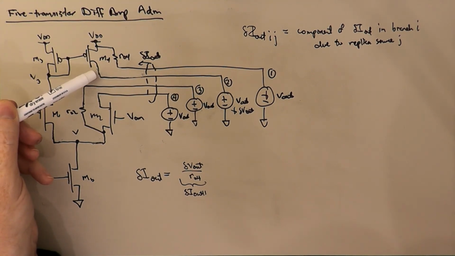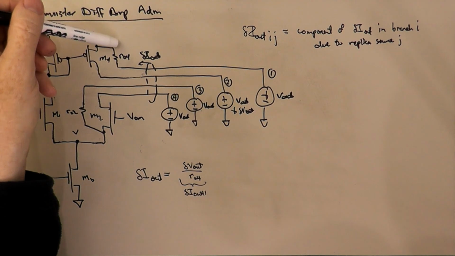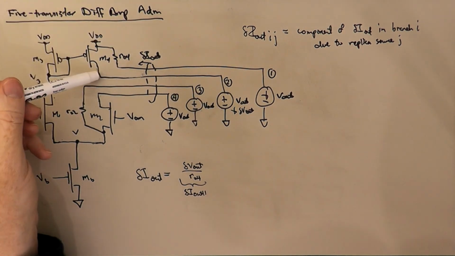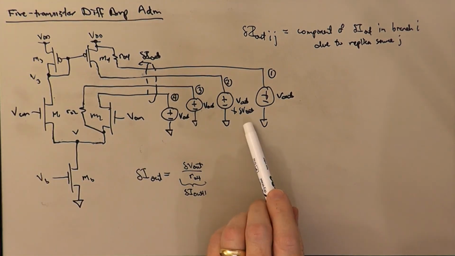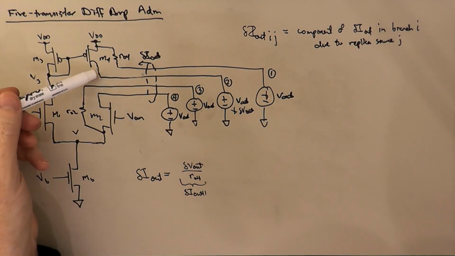In this case, this is an ideal saturated transistor because we've encapsulated the early effect in this early effect resistor here, RO4. So this is the drain of an ideal transistor, and so it's going to act like a current source. And so we can change the voltage here all we want, and there's not going to be any change in the current flowing through branch 2 because it's an infinite incremental resistance.